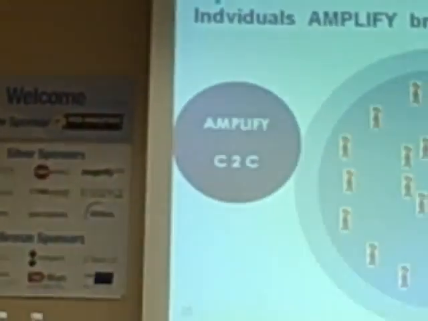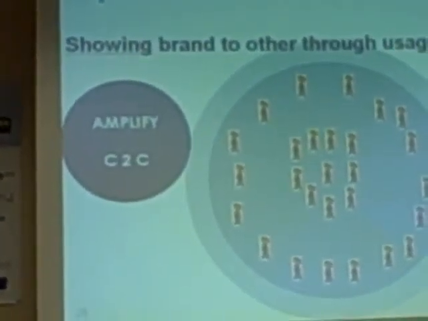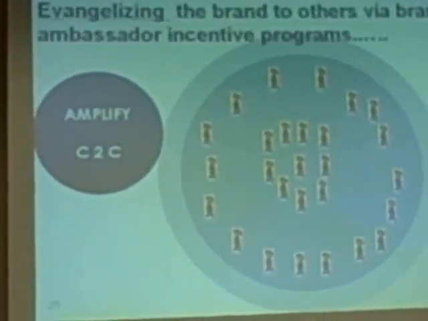I'm quick on time here, so I'm going to show you instead of going through this. So the stages of amplification: using it in front of other people, that's a great implied brand endorsement. Talking about it, so this is a chat box where they're talking about Pepsi. Participating with others in communal branded experiences, whether it's a concert or an event or a contest or whatever it is, there's a whole bunch of ways you can encourage people to act in community together around branded content.